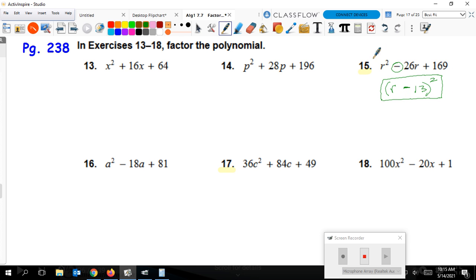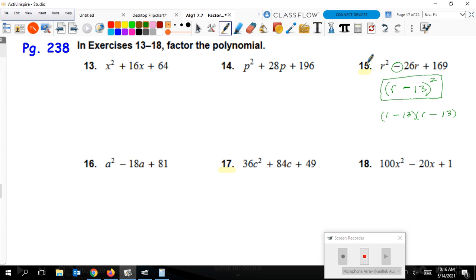If I was to use my simple method factoring, and I just didn't realize it was a trinomial square, I'd be putting r's up front. Two numbers that multiply to give me 169 and add to give me 26 would have to be 13 times 13, 13 plus 13. They're the same sign, both negative, and so you can see there's two exactly the same. So that's why we can just simplify it to r minus 13 squared.